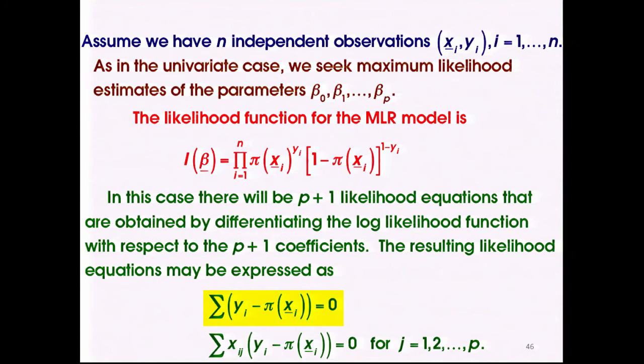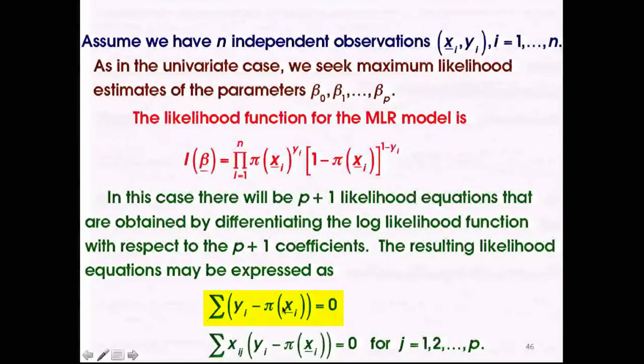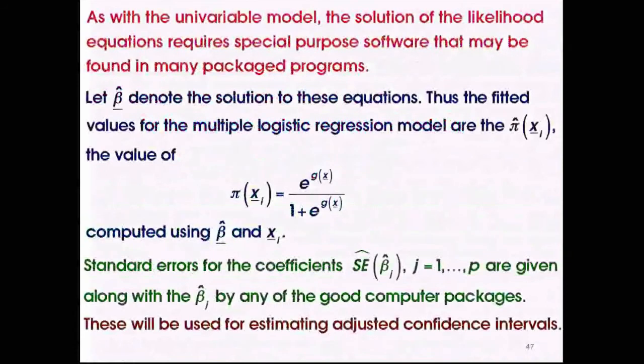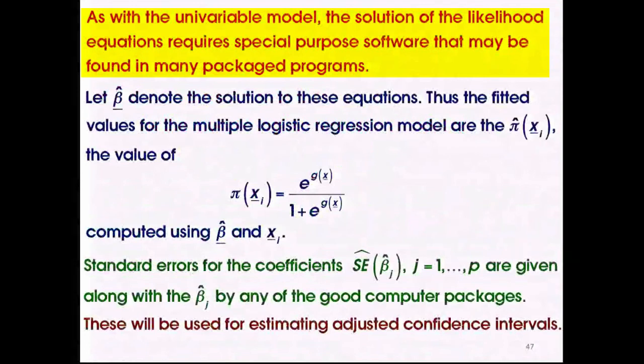But that's not going to happen, because pi of x is a very complex expression, and it's not going to be possible to come up with a closed form solution for the estimates of the coefficients. Instead, as with the univariable model, the solution of the likelihood equations requires special purpose software that can be found in many statistical packages.